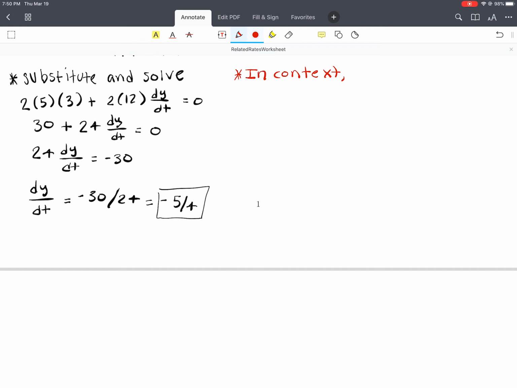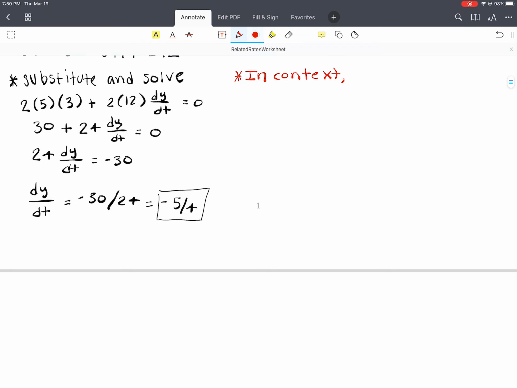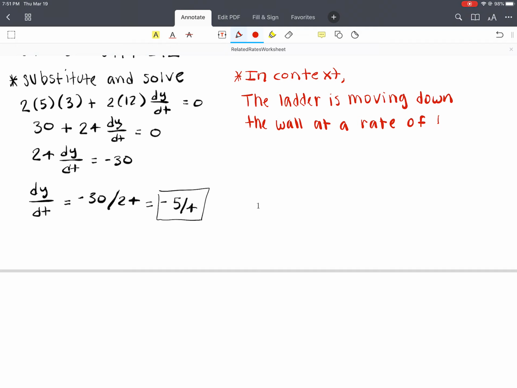So in context, the ladder is moving down the wall at a rate of 1.25 feet per second.